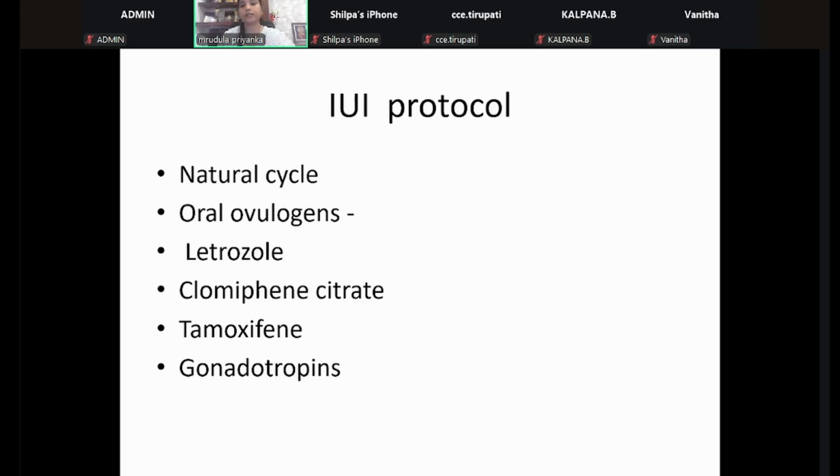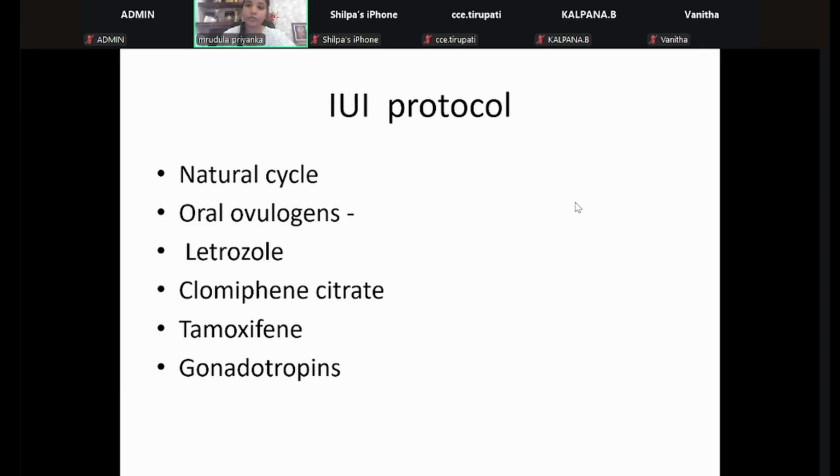Once we see a dominant follicle of more than 16 mm, we ask the patient to check the urine LH kits. Whenever the surge has started, we plan the IUI depending on the LH surge. We don't trigger in this, as it is a pure natural cycle.